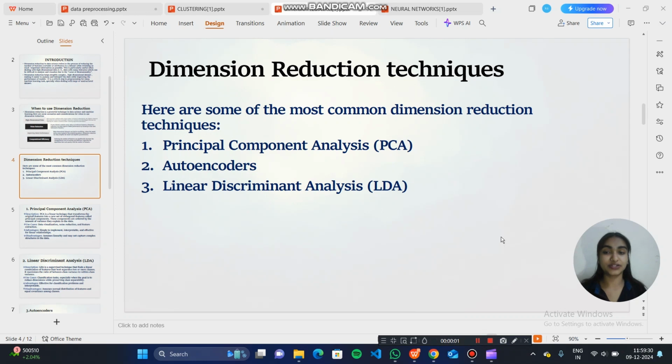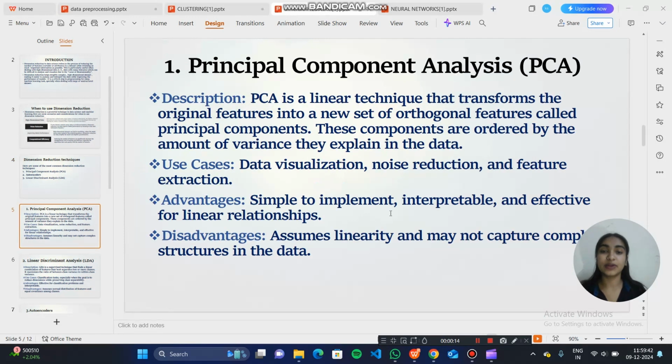Techniques of dimension reduction. Here are some of the most common dimension reduction techniques. First, principal component analysis. Second, autoencoders. Third, linear discriminant analysis. First, principal component analysis. PCA is a linear technique that transforms the original features into a new set of orthogonal features called principal components.